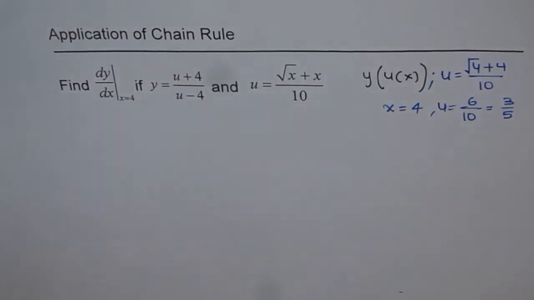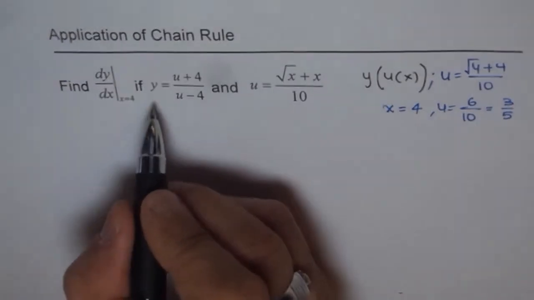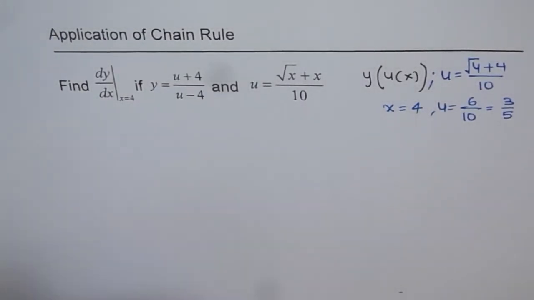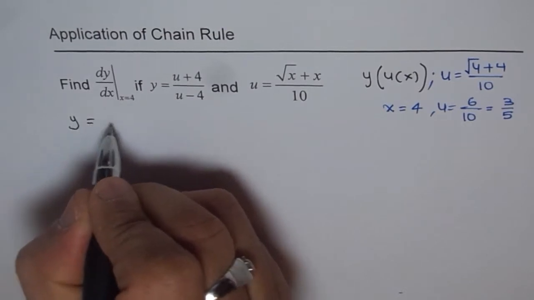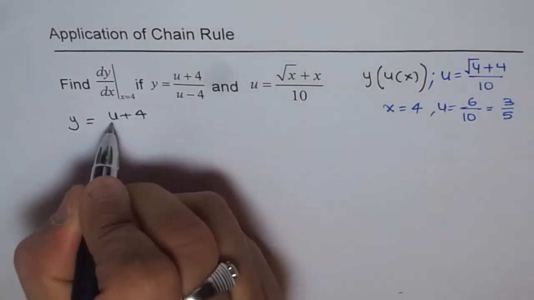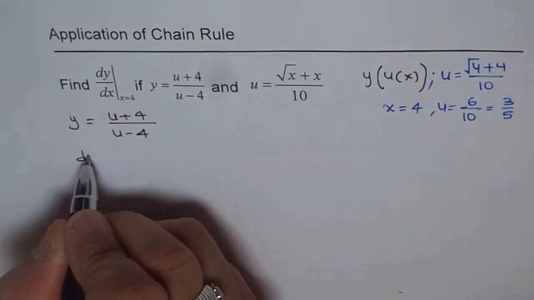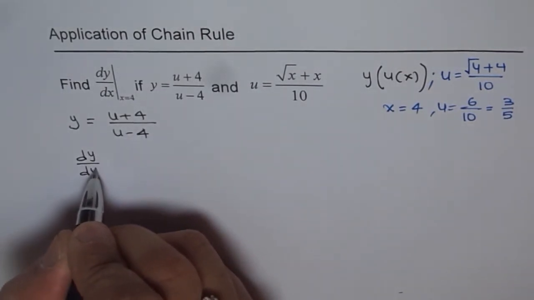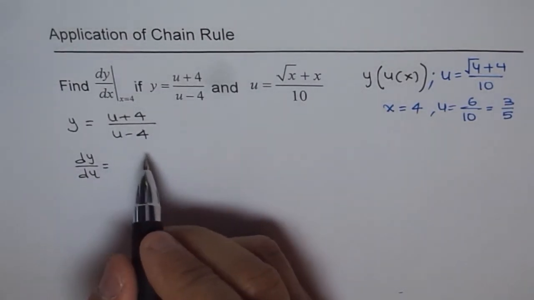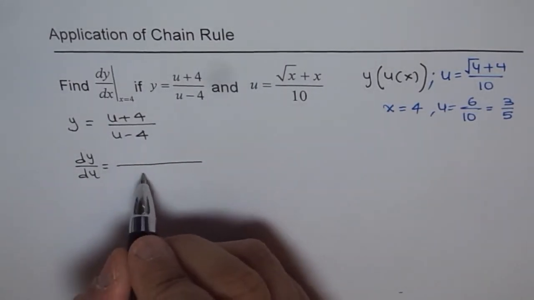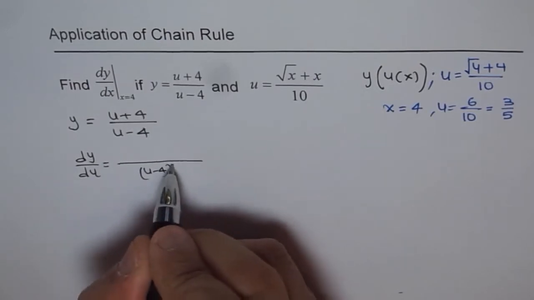Okay? So let's start with the outside function, which is y equals (u plus 4) divided by (u minus 4). Let's find dy over du. It is good to use the quotient rule, right? We have (u minus 4) whole square in the denominator.